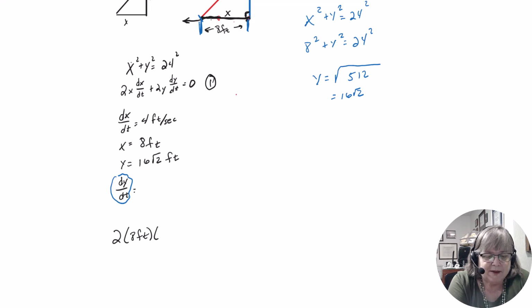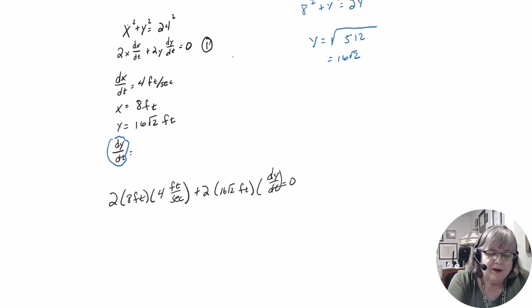So we have 2 times x, and x is 8 feet. Okay, dx/dt is 4 feet per second, right? Plus 2 times y, which we've just discovered is 16 square root of 2 feet. And dy/dt, well, that's what I'm supposed to discover, so I don't know what it is.